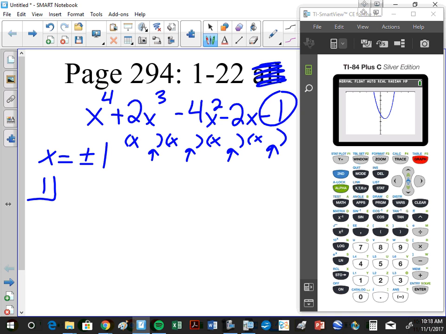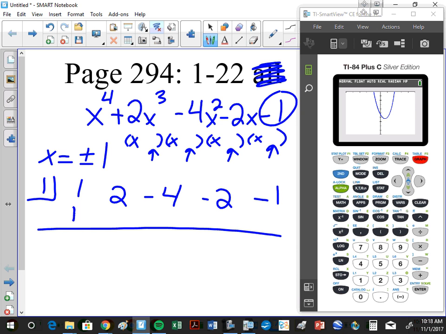1. Okay, 1, 2, negative 4, negative 2, negative 1. Drop the 1. Wait, did I mess up? So 1, 2, negative 4, negative 2, negative 1. So drop the 1. 2 plus 1 is 3. 3, negative 1.